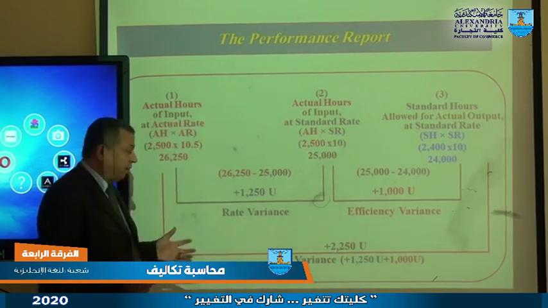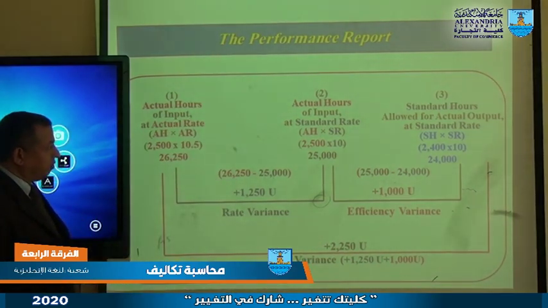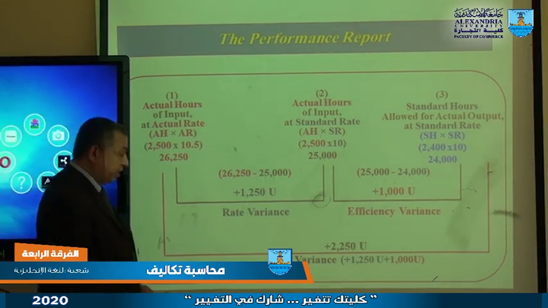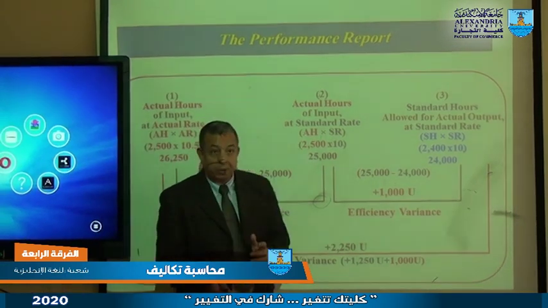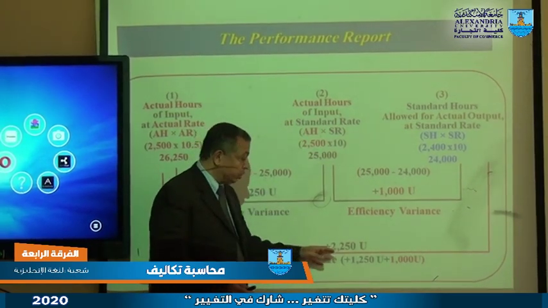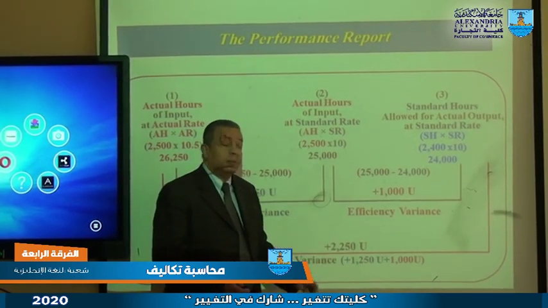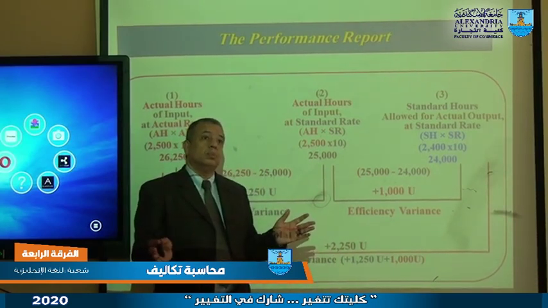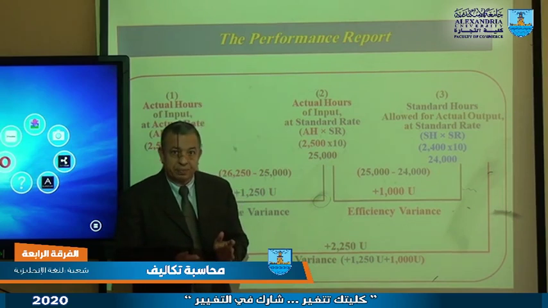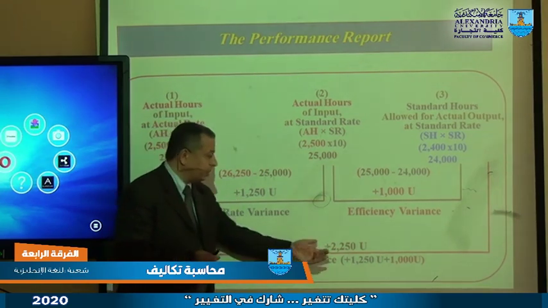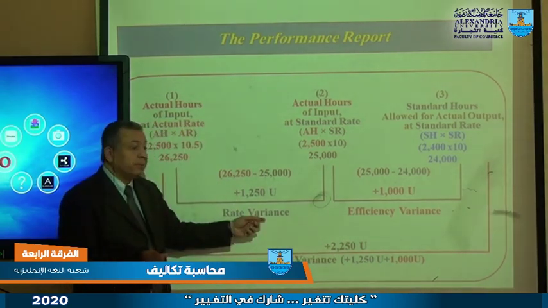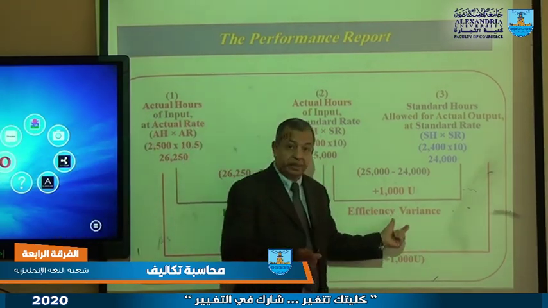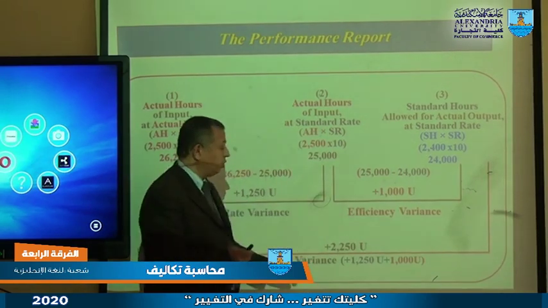If I am a manager and want to read the performance report from the bottom, I have a total variance of direct labor, unfavorable, 2,250. What are the reasons? Two reasons. One is rate variance, with this amount, and the second is efficiency variance, and the total of them must be equal.